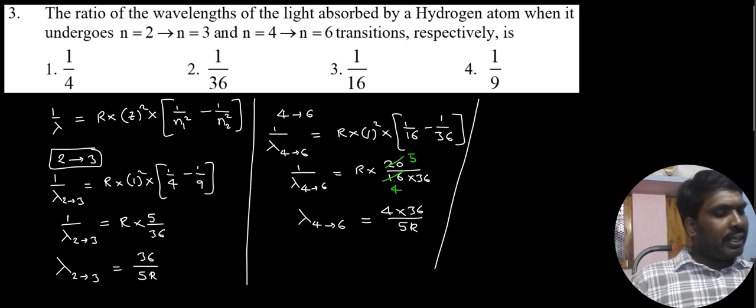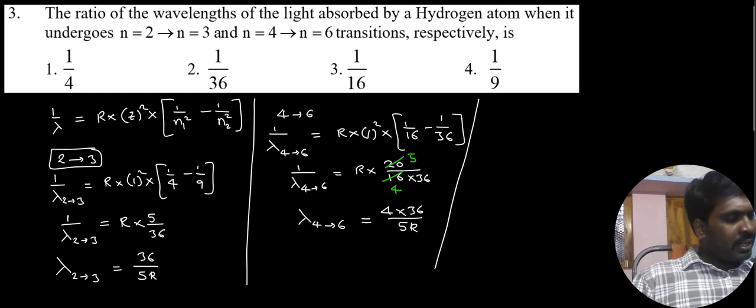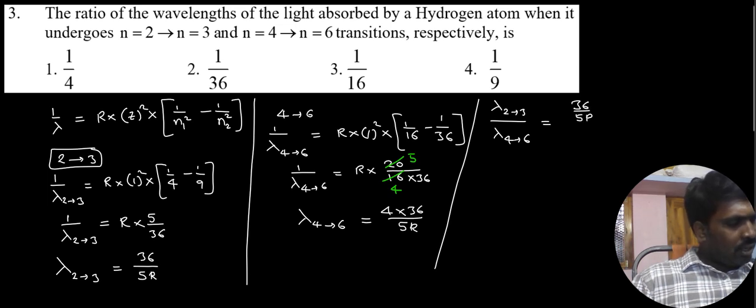Now the ratio is asked: lambda 2 to 3 by lambda 4 to 6. So that is equal to 36 by 5R whole divided by 4 into 36 by 5R.